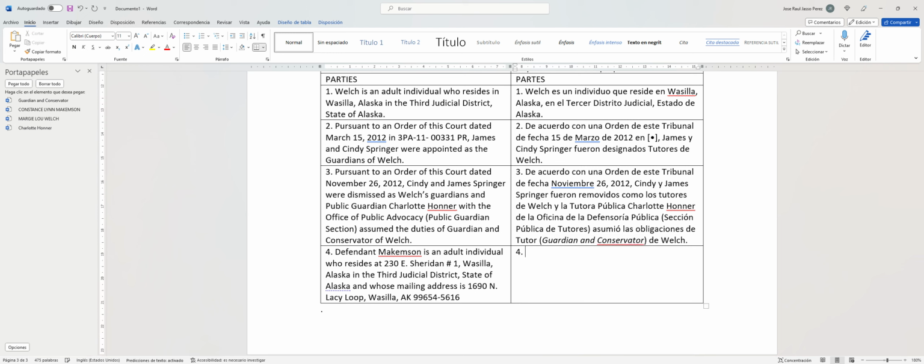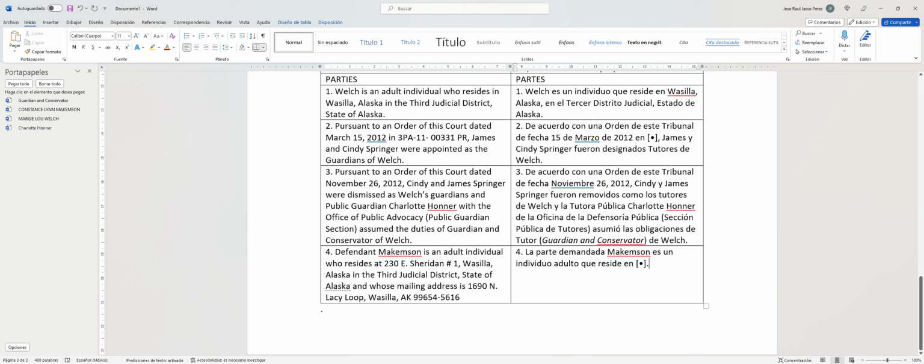Fourth, la parte demandada, that's defendant, es un individuo adulto que reside en, and we can include his address.